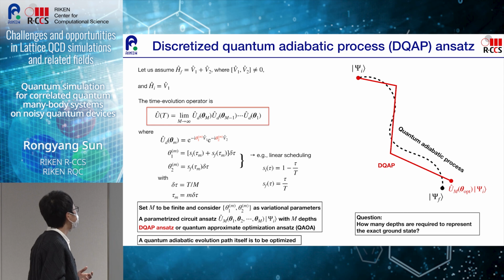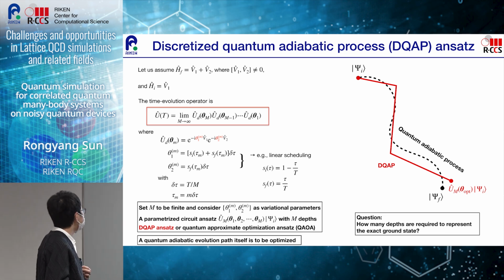But here, you can free the time periods as parameters, and then construct an ansatz state, called the discretized quantum adiabatic process ansatz, DQAP ansatz, also called QAOA, which means your quantum adiabatic evolution path itself is to be optimized. And here is a figure showing the optimization process.